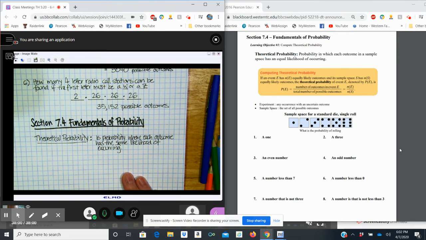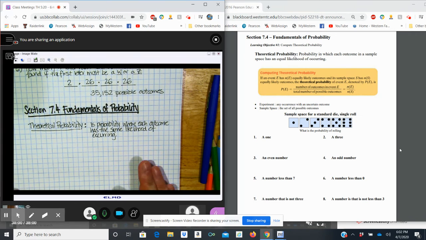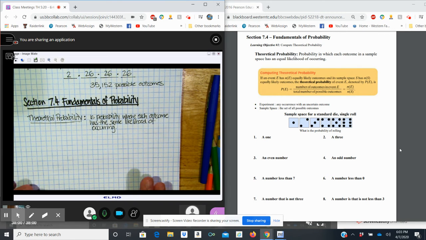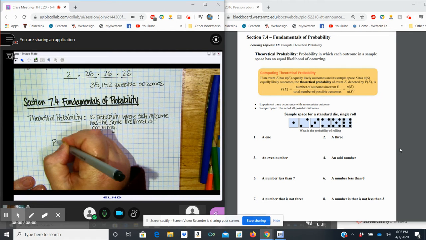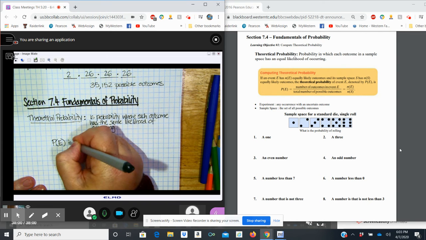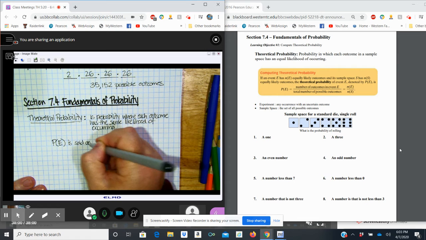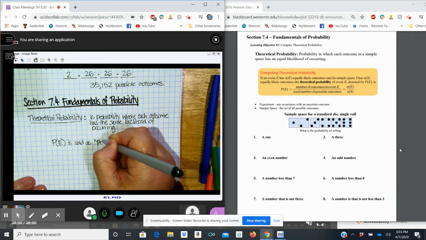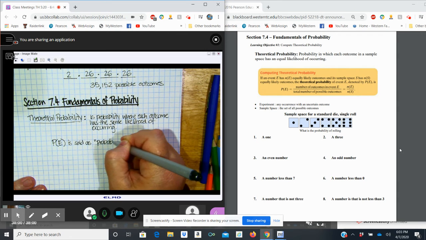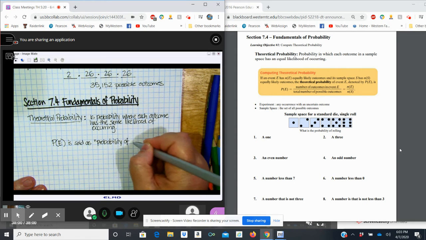Now, this is known as theoretical because we're treating everything as being equal. In this case, P of E is known as the probability of an event.